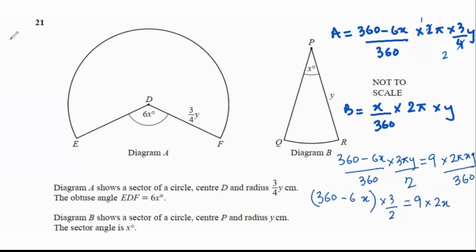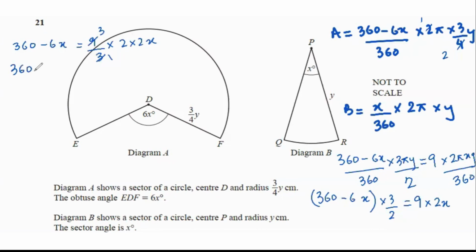So we further simplify this over here. 360 minus 6x is equal to 9 divided by 3 times 2 times 2x. 3 ones are 3 and 3.